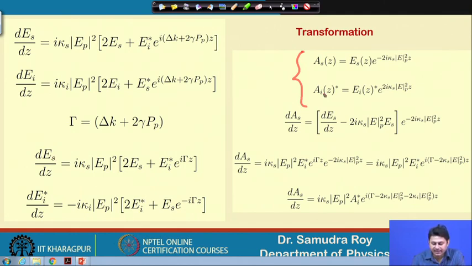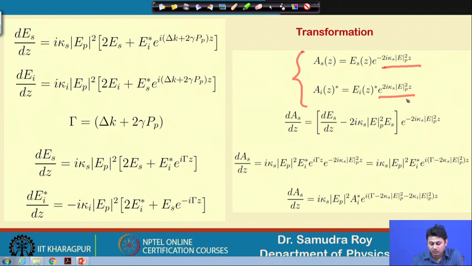So, I take AS as ES e to the power of 2i kappa s |Ep|^2 z. This is the transformation I took. Also for AI(z) I took another transformation, which is EI(z) star e to the power 2i kappa |Ep|^2 z.